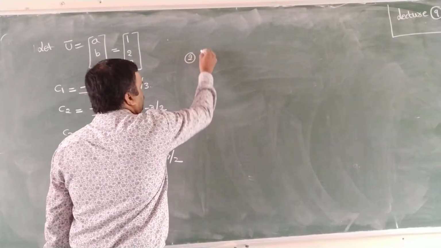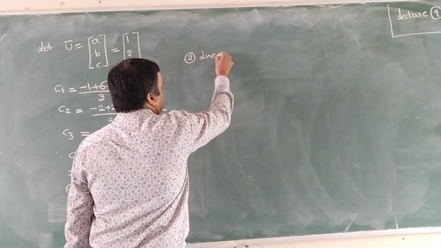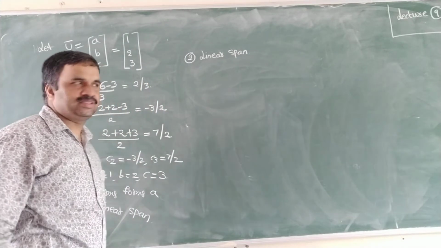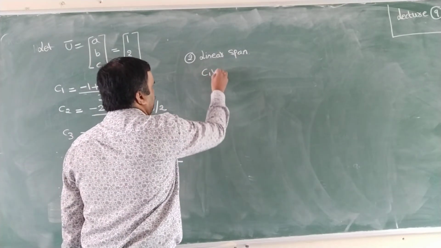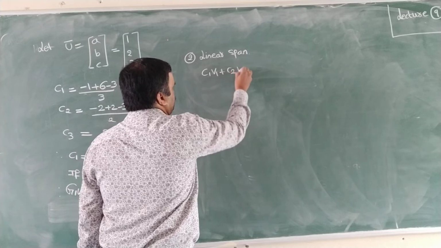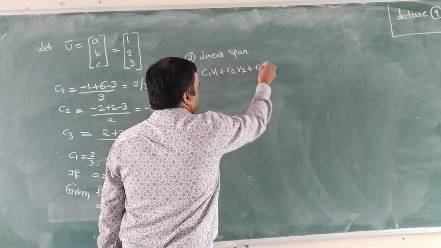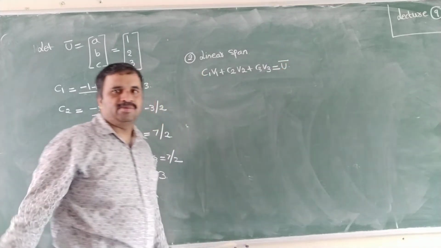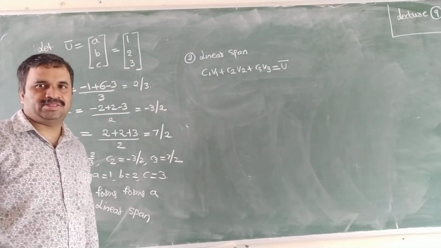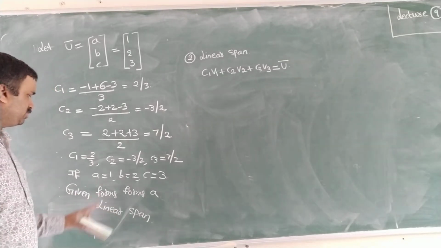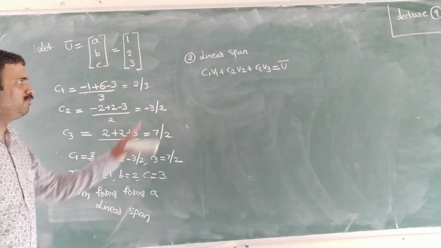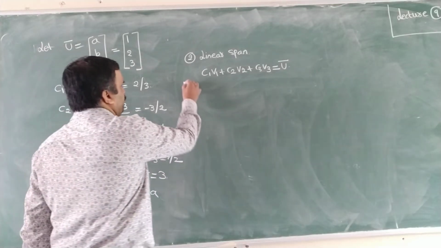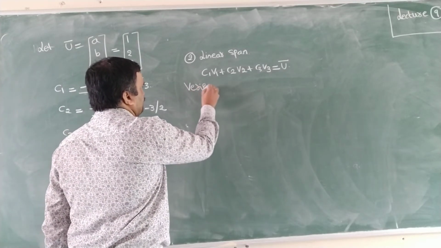For linear span, we consider C1V1 plus C2V2 plus C3V3 equal to U bar. We calculate the values of C1, C2, C3. We got the values, so it is a linear span. Now we verify whether it is correct or not. Let's do the verification.